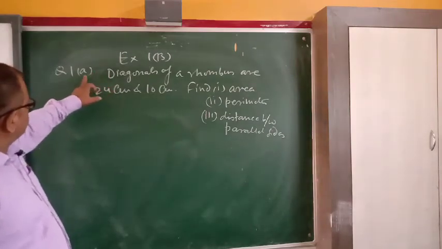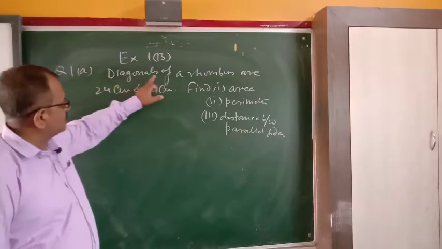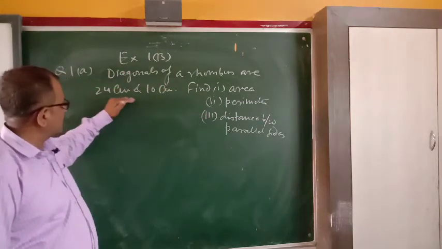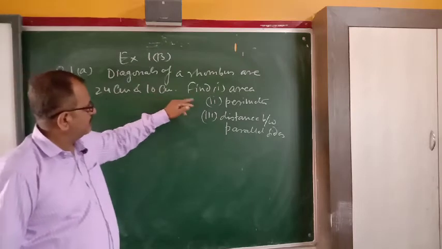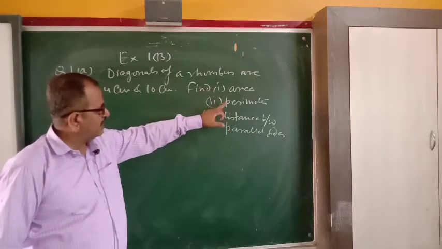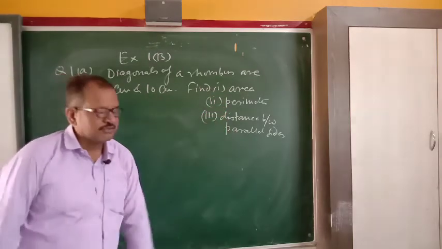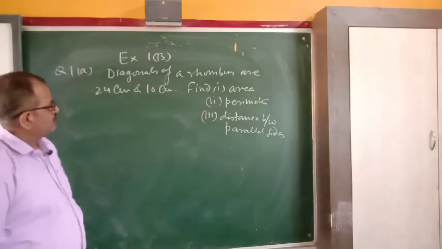To see the question number 1, A part: the diagonals of a rhombus are 24 cm and 10 cm. Find its area, its perimeter and the distance between the parallel sides.